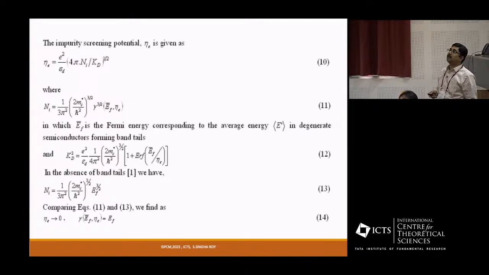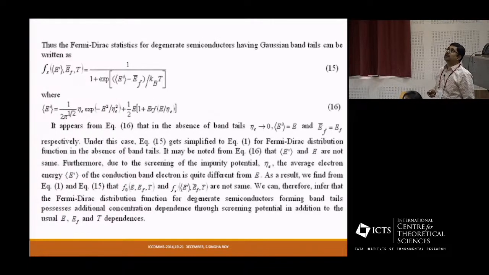Kd must be the error function, and eta is 0. The formation is like a parabolic one. So for degenerate semiconductors, the Fermi function is like this, and the average energy is the Fermi energy.